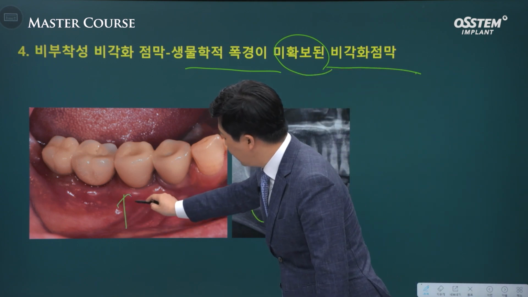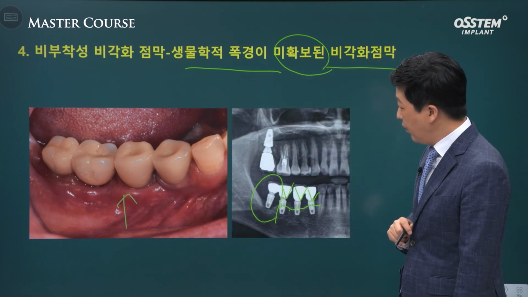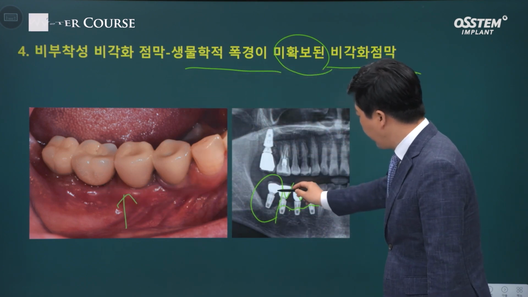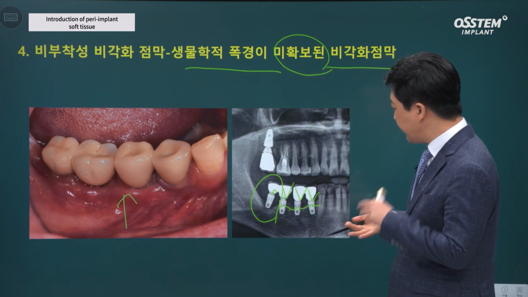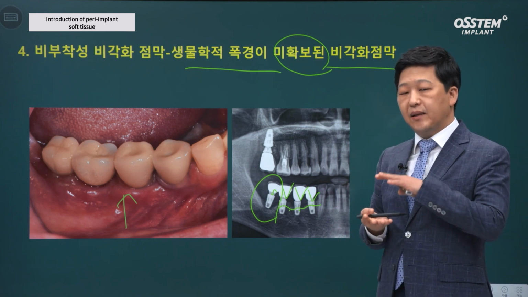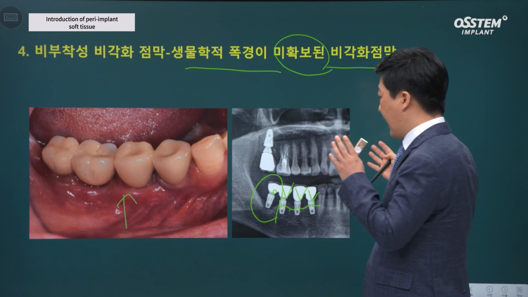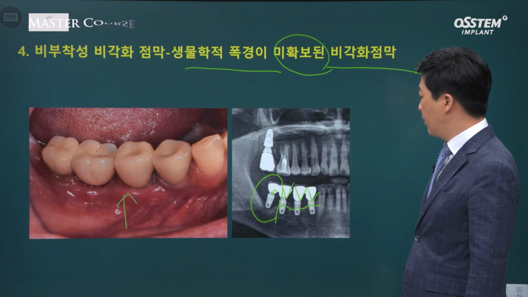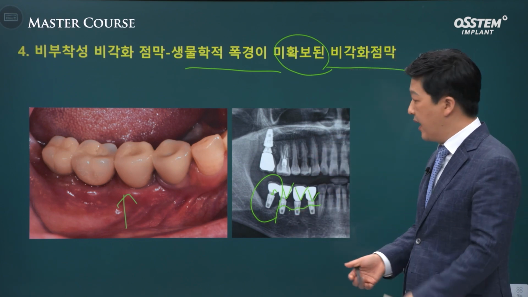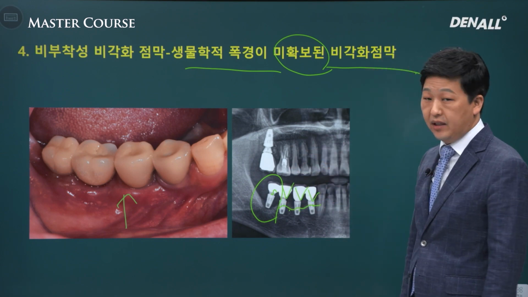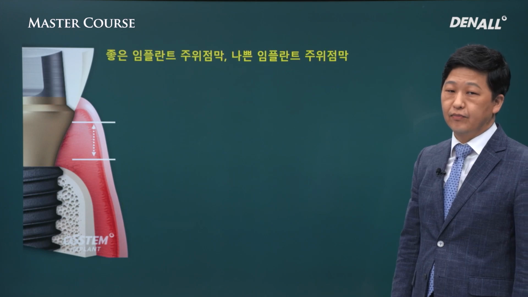You can see there is no keratinized mucosa at all. It's made of mucosa and abutment height is very short. At the time of implant placement, biologic width was not secured and there was no keratinized tissue. Because of that, alveolar bone resorbed very quickly and bad results came to be.